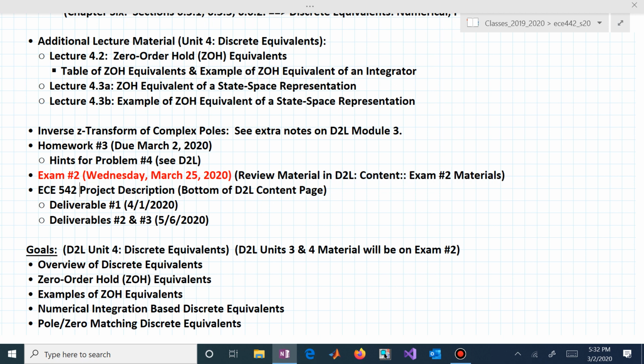Today we're going to try to give an overview of discrete equivalence. One such strategy is a zero-order hold equivalent. Lecture 4.3 has an A and a B, but that's dealing with this concept of zero-order hold equivalence with state space representation. We'll be discussing it in class with transfer function descriptions. 4.3b is actually an example of doing that.